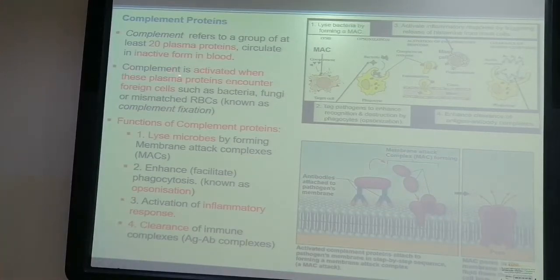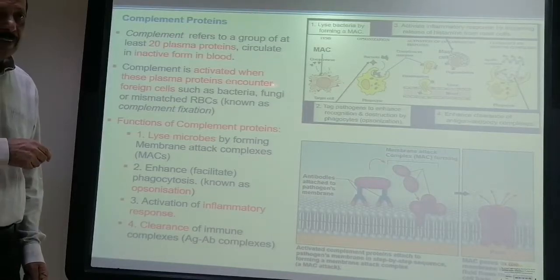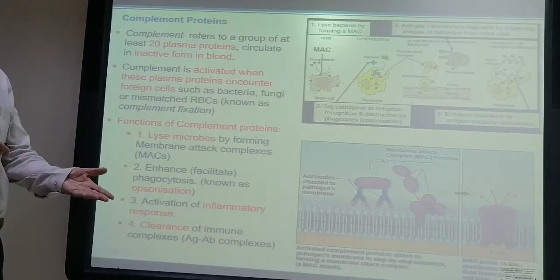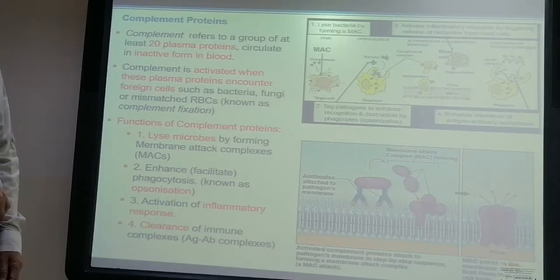So the complement is activated when plasma proteins encounter a foreign cell. So when foreign cells or foreign antigen is there, then those plasma proteins will be activated and start to do their action, such as in case of bacterial invasion, fungal invasion, or mismatched red blood cells, even if we are giving a different type of cell from another body.